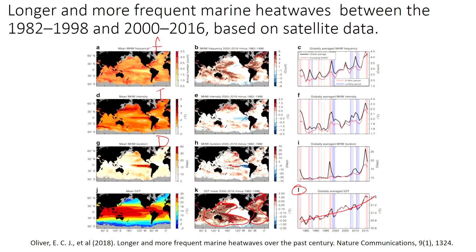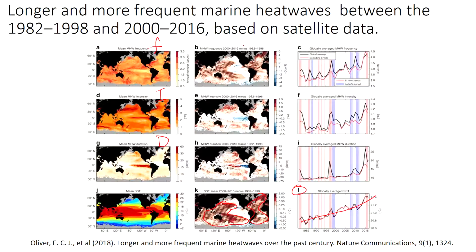Over the whole ocean, the typical frequency of these extreme warm events is somewhere between 2 and 3. So in any one year we might expect 2 or 3 of these heat waves.